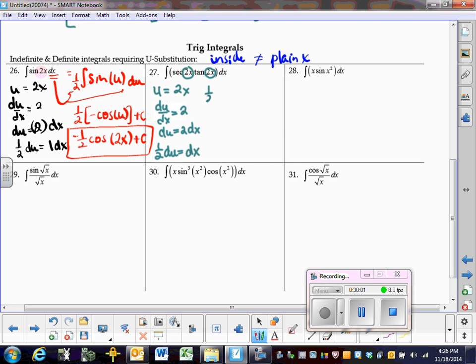So we have 1/2 the integral of secant u tangent u du. So 1/2, going backwards from secant tangent is secant, plus c. So I have 1/2 secant of 2x plus c.